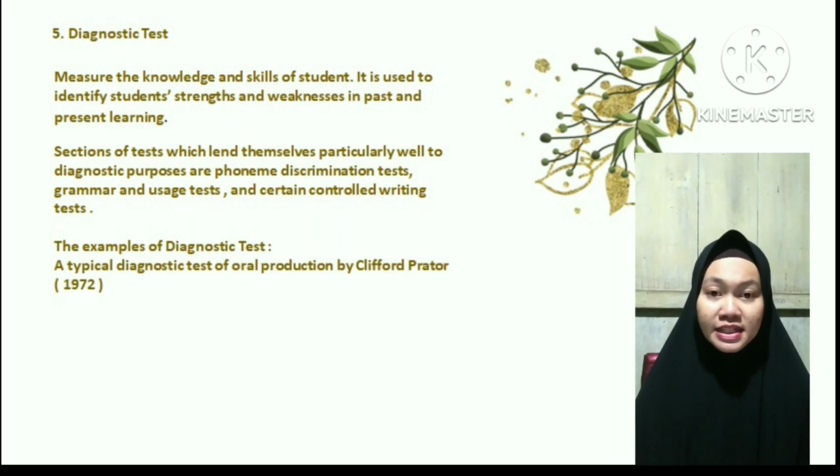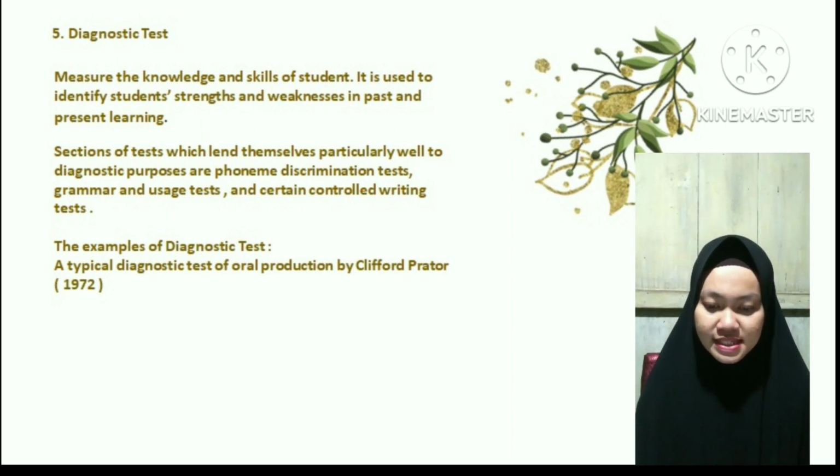Okay, a typical diagnostic test of oral production was created by Clifford Prator, 1972, to accompany a manual of English pronunciation. Test takers are directed to read a 150-word passage while they are tape recorded. The test administrator then refers to an inventory of phonological items for analyzing a learner's production.